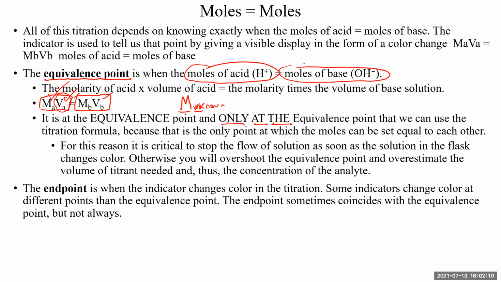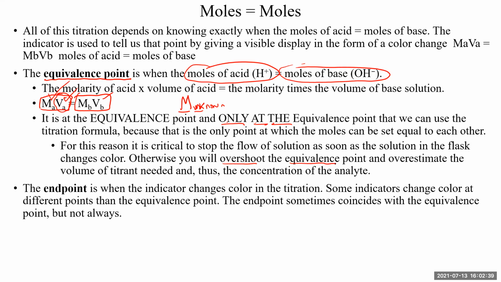Otherwise, and I'm saying this again, you will overshoot the equivalence point. If you keep adding more titrant solution after you've already reached the equivalence point, after your indicator already tells you, hey, you've done it, you've neutralized your solution, even a drop or 2 more, you're overstating your unknown solution's concentration by whatever factor you overshoot.